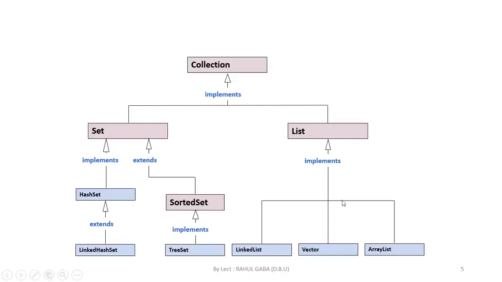List is also an interface, and its subclasses are linked list, vector, and array list, which we will study later on. But here you need to understand only one thing: set is the root interface in the set hierarchy, with hash set and tree set.